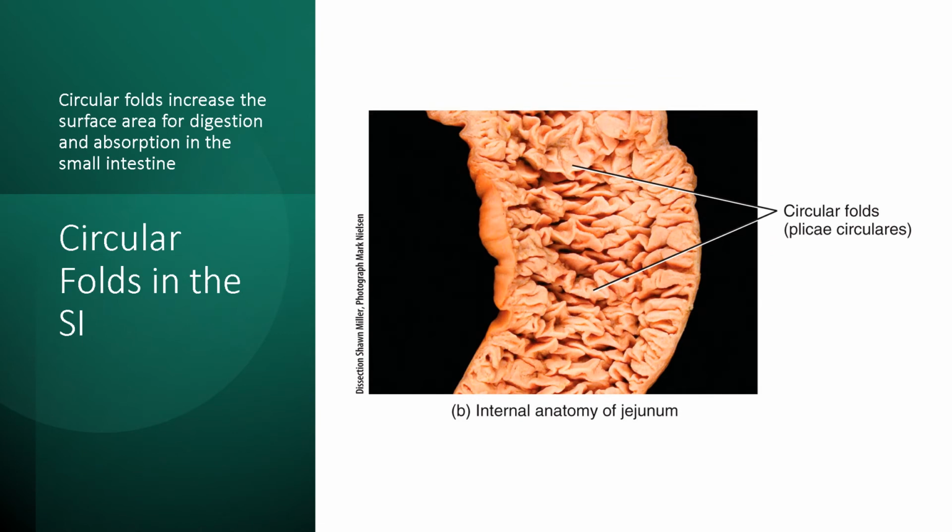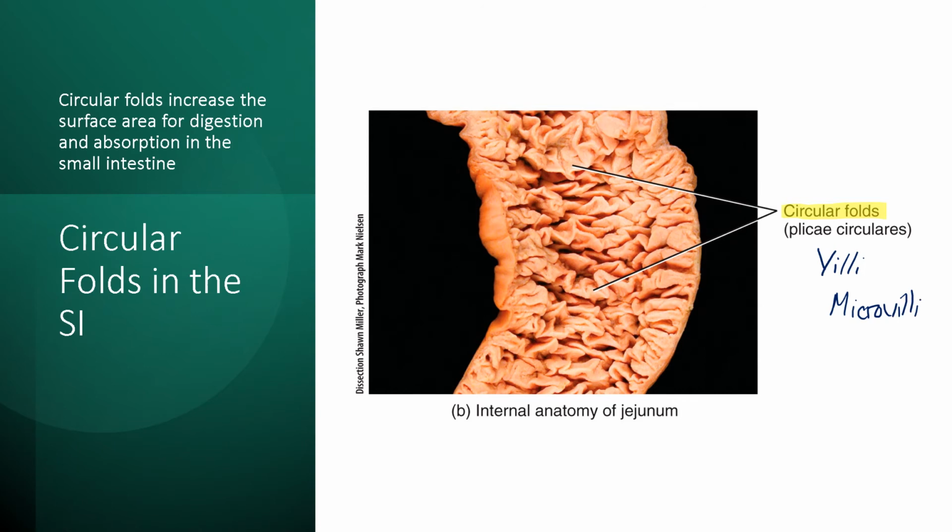Now, the length of the small intestine provides a really large surface area for digestion and absorption. And that large surface area is even further increased by the addition of structural features like circular folds. And then on those circular folds, there are villi. And then on those villi, there are microvilli. So really, really increasing that surface area.